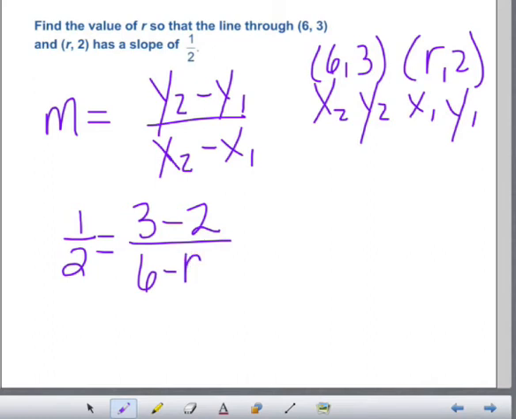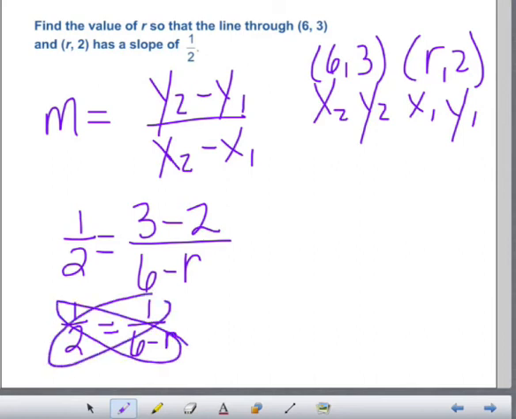So what do I have, really? Let's work that out. I have 1/2 equals 3 minus 2 is 1 over 6 minus R. Now, there's several different ways you can solve this problem, but what do we know? When I have one fraction equals another fraction, what can I do? You can do your cross products. Remember that? When one fraction equals another one.